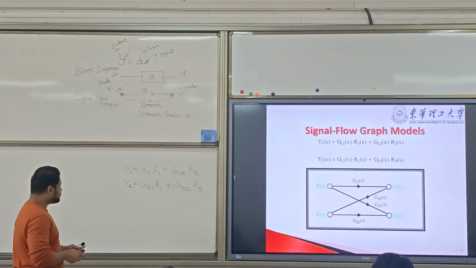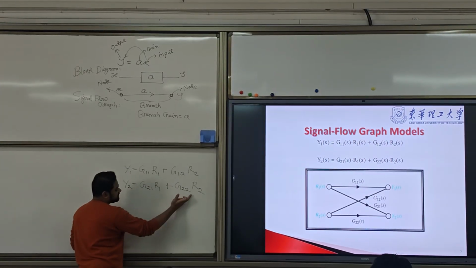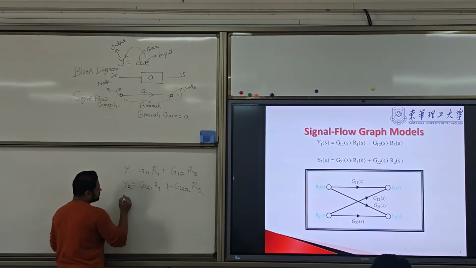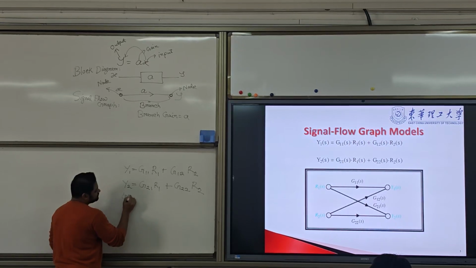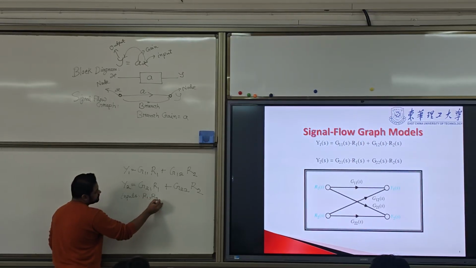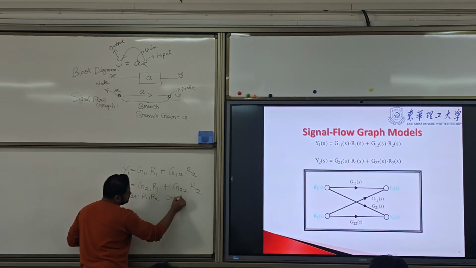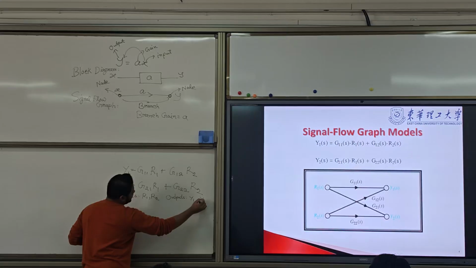So what are the inputs here? R1 and R2. We have two inputs, R1 and R2, and the outputs are Y1 and Y2.